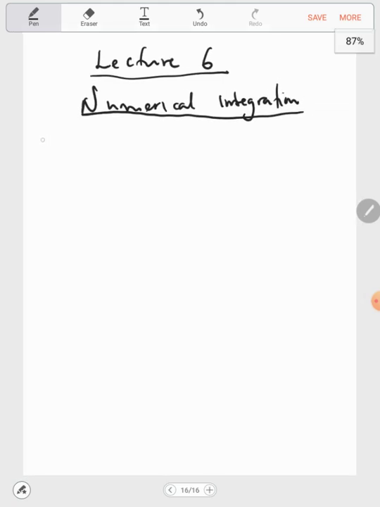So we first start with the Trapezoidal Rule. This was actually formulated from the trapezium. Oh, sorry, the trapezium.